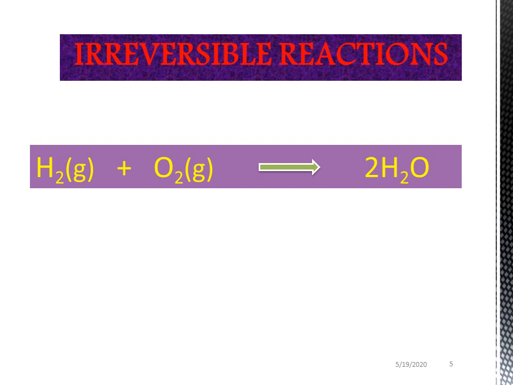So you can see that these two reactants react together and give us the product, but this product does not recombine to form the reactants in the backward direction. So we represent these reactions by a single arrow, and the single arrow proceeds from left to right in an irreversible reaction.